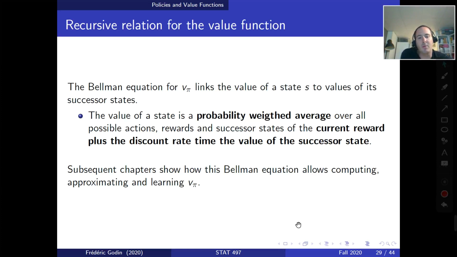Subsequent chapters will show how this Bellman equation allows computing, approximating, and even learning your value function v pi. As we said, v pi in practice is unknown, so reinforcement learning will provide ways to estimate and learn these value functions, to determine the values of the various states.